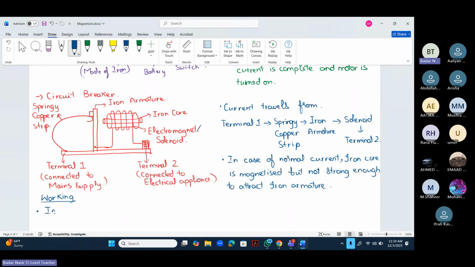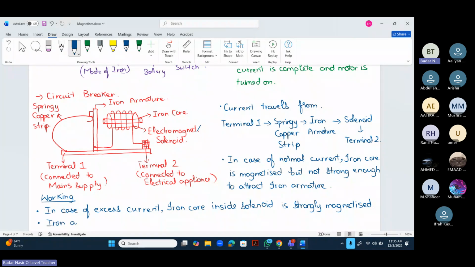So we say that in case of excess current, iron core inside solenoid is strongly magnetized. मैंने यही बार बार बेटा बात की थी कि these are the key words. अब ये iron core is strongly magnetized. इससे क्या होगा?